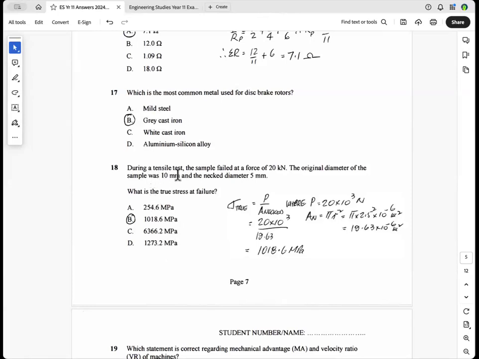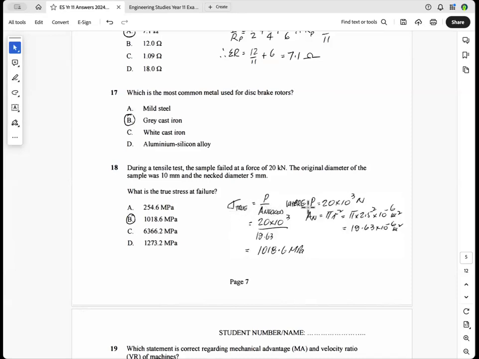During a tensile test, the sample failed with a force of 20 kilonewtons. The original diameter of the sample was 10 millimeters, and at neck, the diameter was 5 millimeters. What's the true stress? Now, the true stress is the load divided by the original, sorry, the necked area. Remember, I explained it to you with the other stress strain diagram previously.